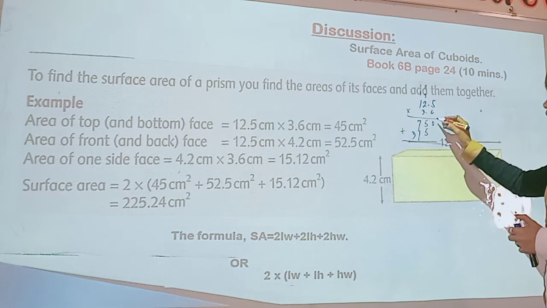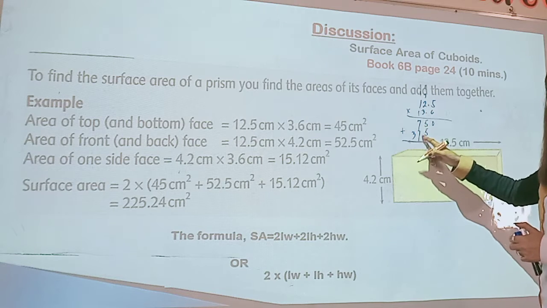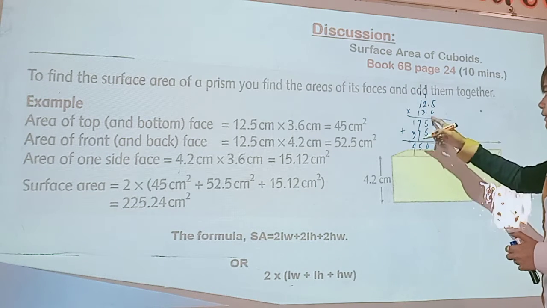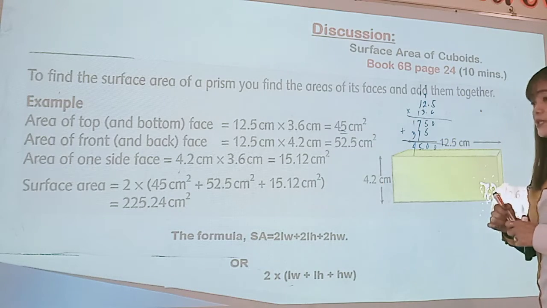Let us add. So 0. 5 plus 5 is equal to 10, carry 1. 7 plus 7 is 14 plus 1 is 15, carry 1. So 4. How many decimal points? 2. So we get 45 centimeters squared.